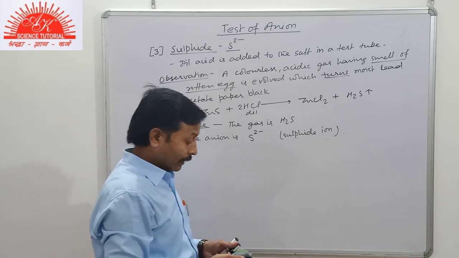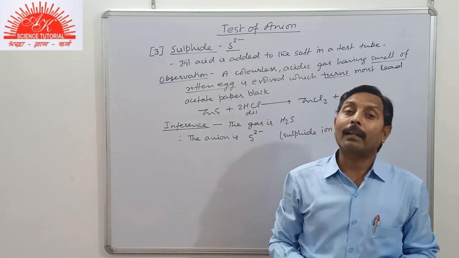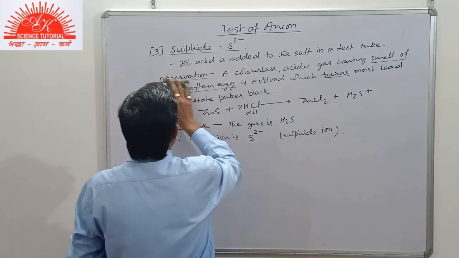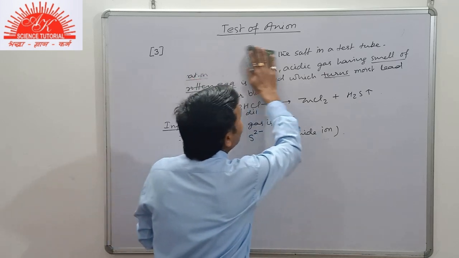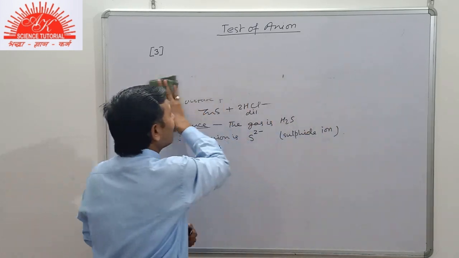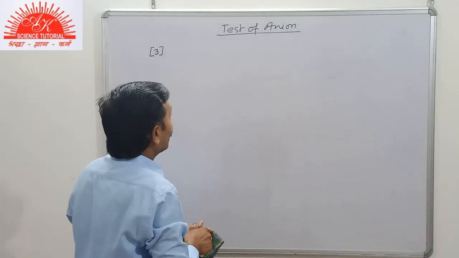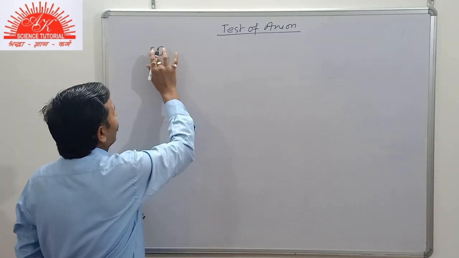So the type of salt is metal sulfide. So you can answer for the type of salt, the type of anion present in the given salt, and so on. That will help you in answering many topics.